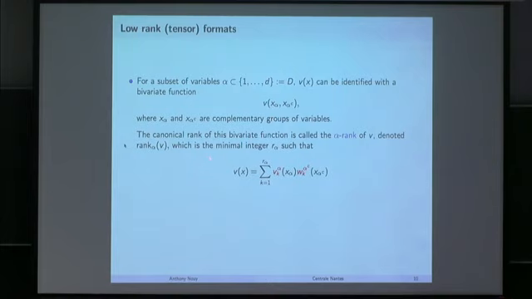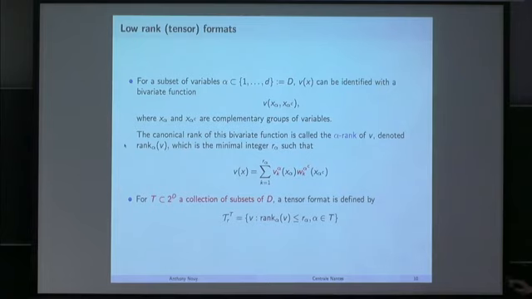So what you will do is impose more and more structure on your function by imposing the rank for many groups of variables. Okay, so you will introduce T, a collection of subsets of your set of dimensions, and you will consider what we call a tensor format as a set of functions whose alpha rank is bounded by some integer, for any alpha in this collection of subsets of variables that you have chosen.